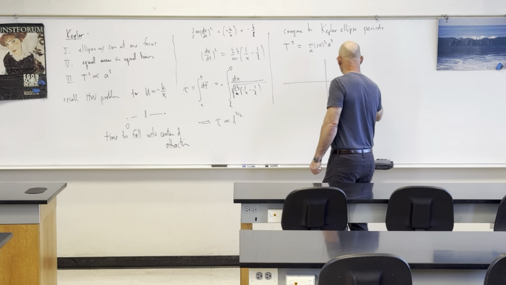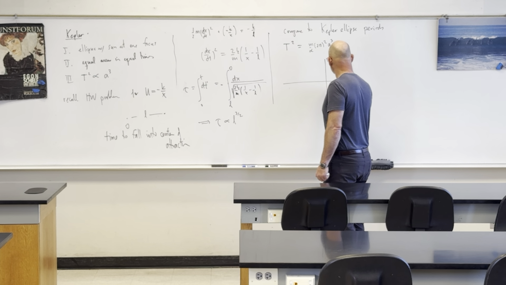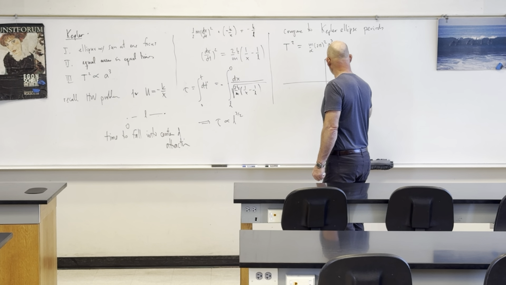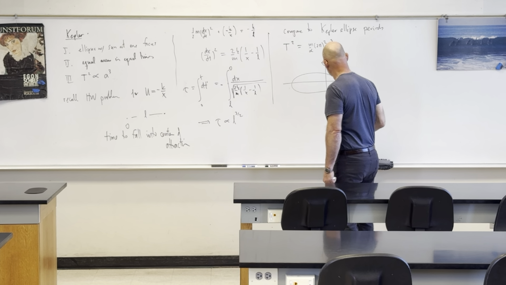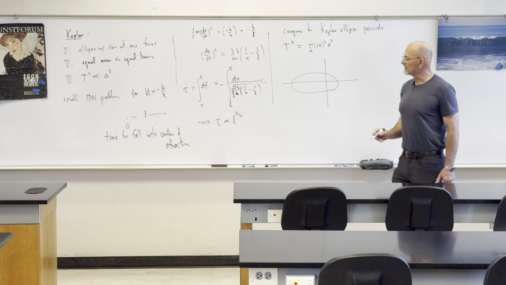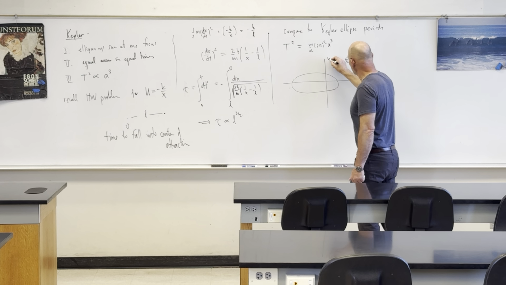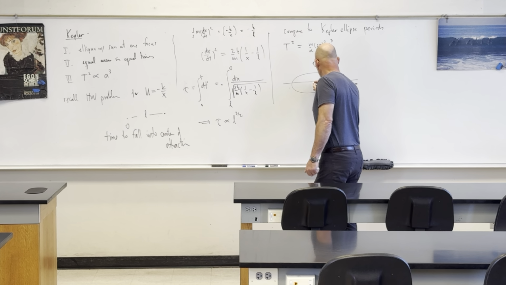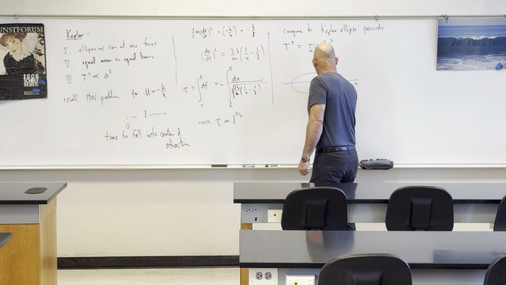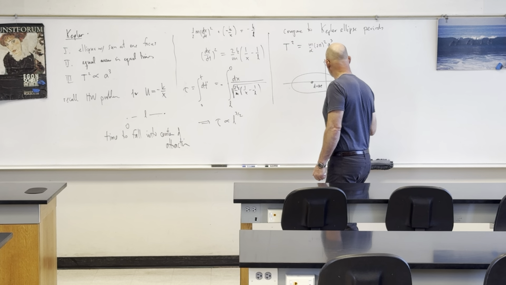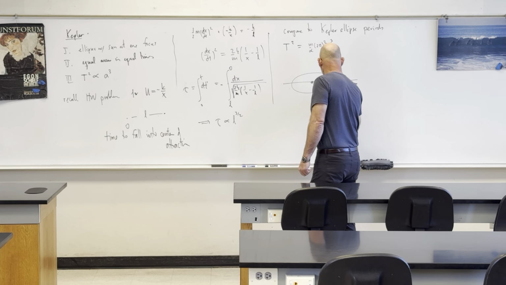To reconcile these two, we need to think of ourselves as having a very eccentric ellipse. That picture, but let's get those labels up here. Because we know we've got d equals A times e.